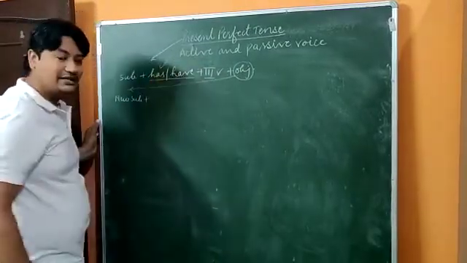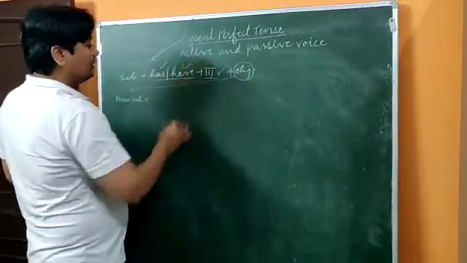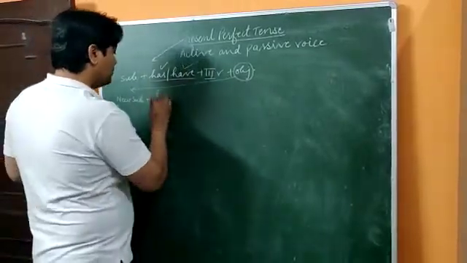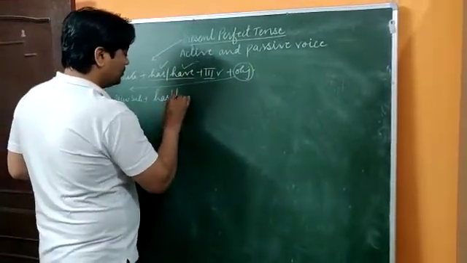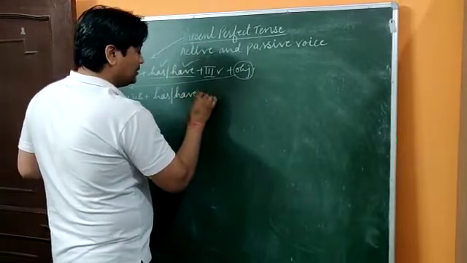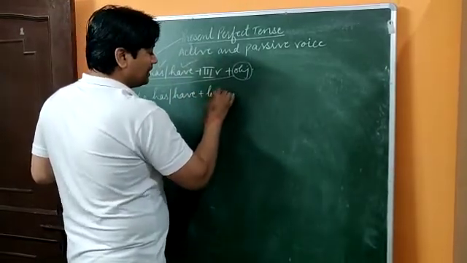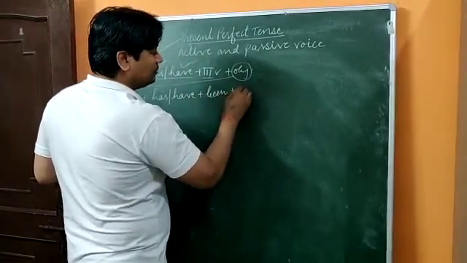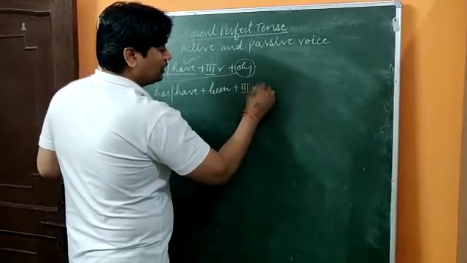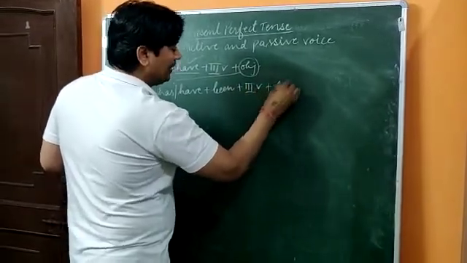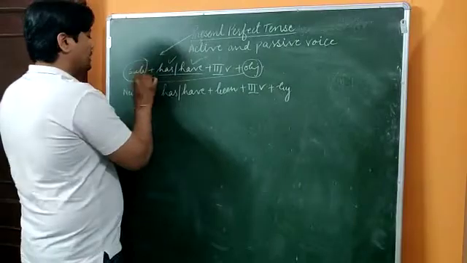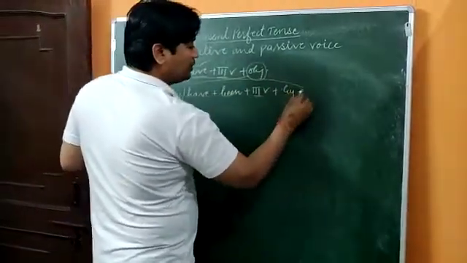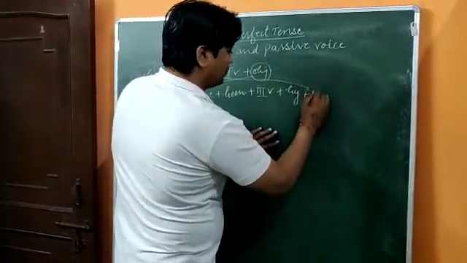With singular you know has, and with I, they or any plural we use have, so you will use has or have according to the subject. Then use been to make passive, and then use third form of verb, then by, and then the subject of active voice will become new object in passive voice.